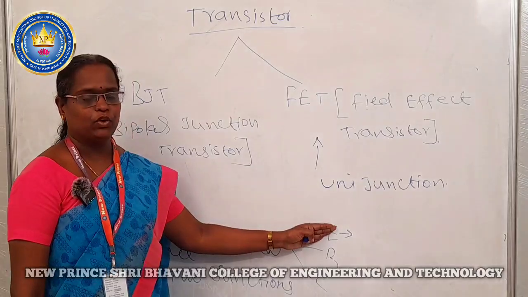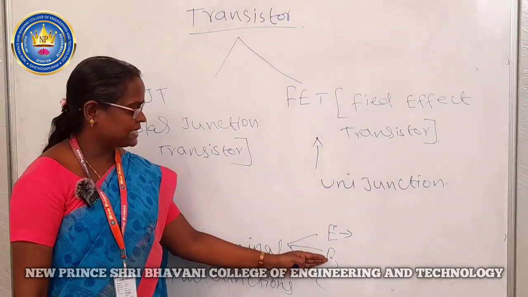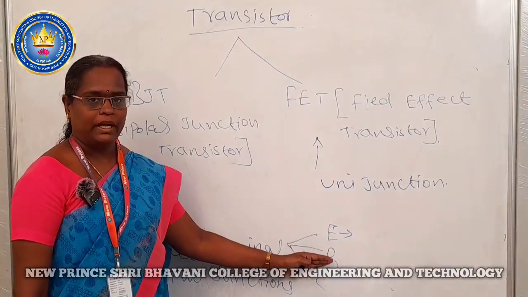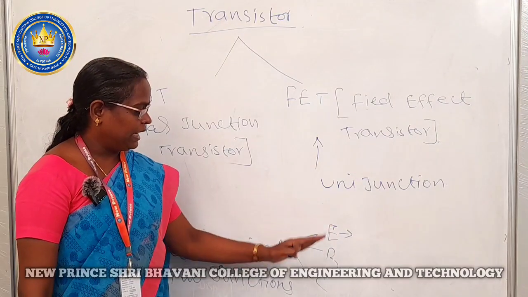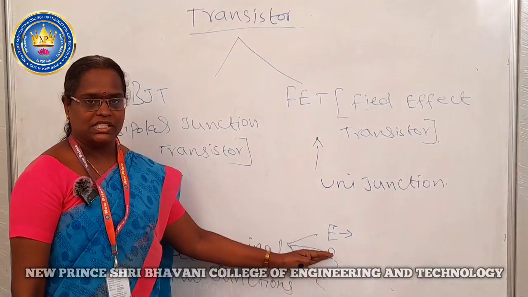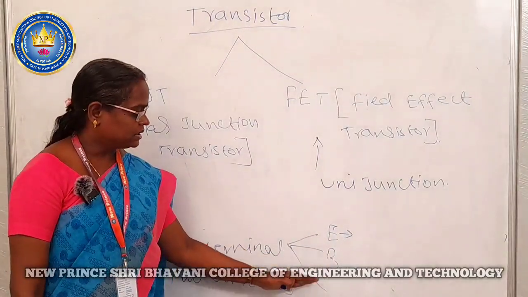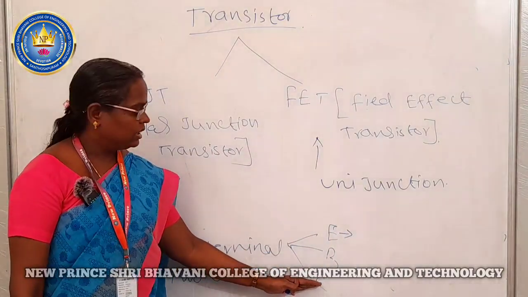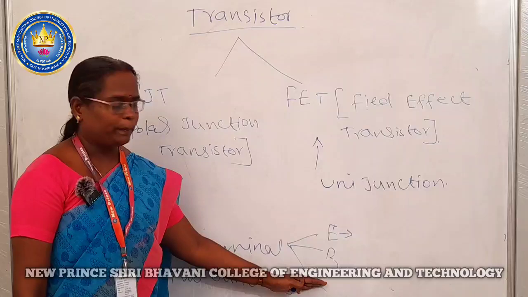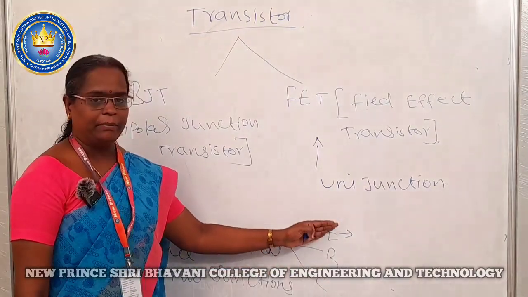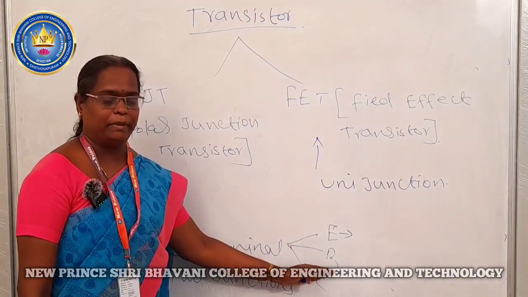It is very heavily doped. Base is very lightly doped. It separates the emitter and collector and transfers the current from emitter to collector. The third terminal is called collector. Collector is moderately doped. It receives the current from the emitter with the help of base.